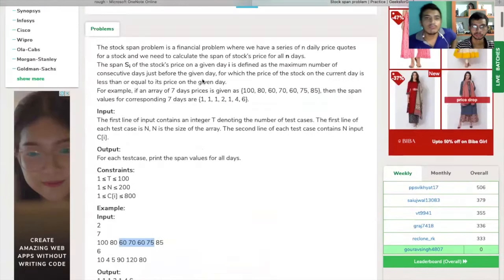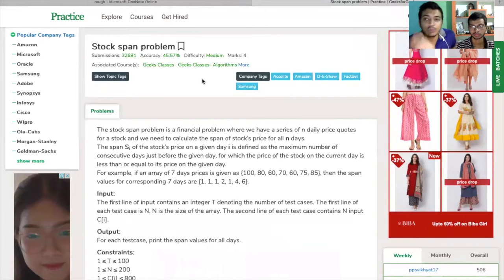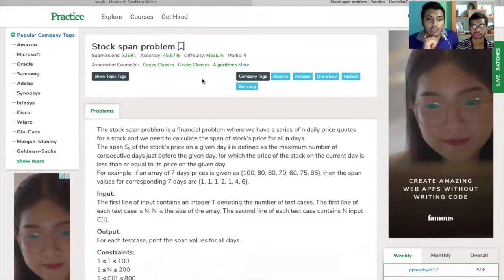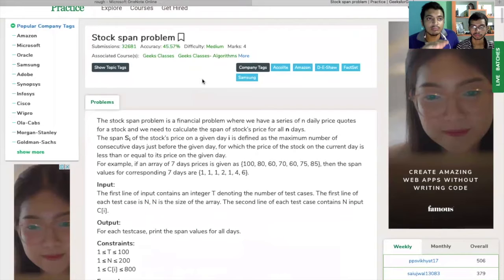The reason this problem is called the stock span problem is that, with a basic understanding of business, when we buy a stock we buy it when it has a very low price, and we sell it when the price of that particular stock goes up to the highest amount.